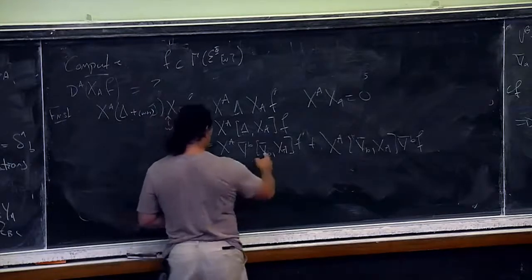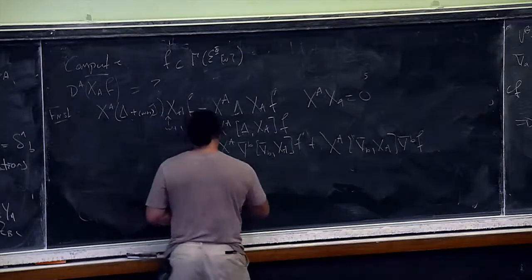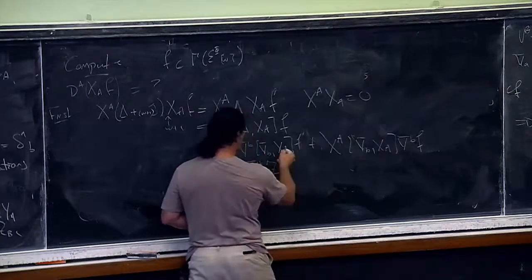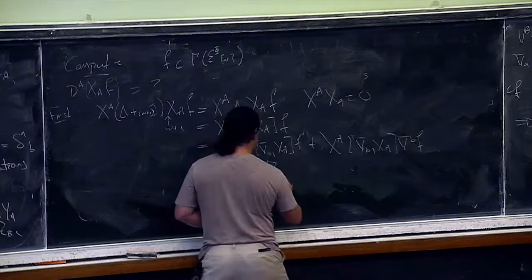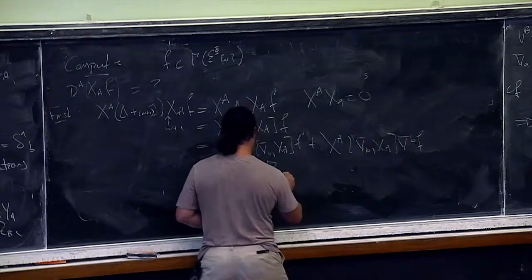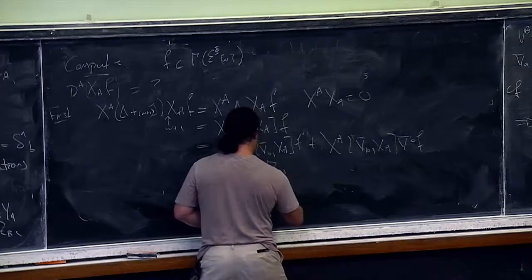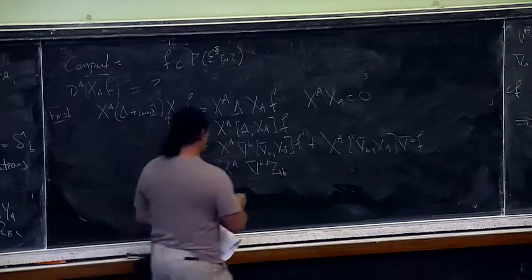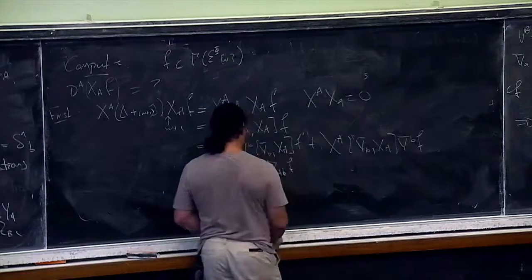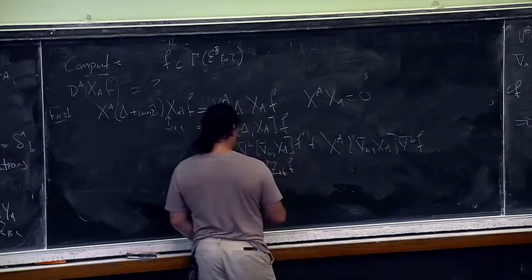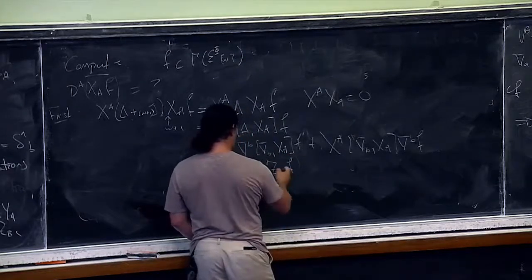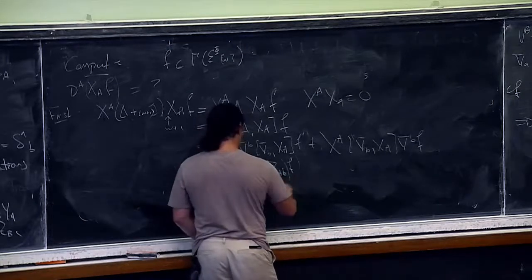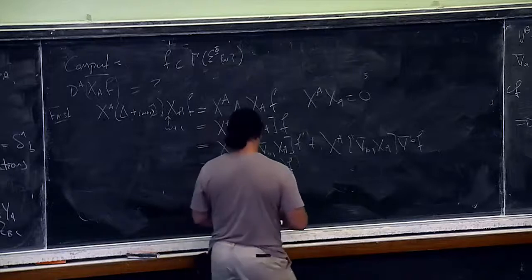Now, when this hits that, I get a Z. This is first order, so this is just like that acting on that. So I get a Z, in whatever order, it doesn't matter, times F. It's acting on all of that, but when the derivative hits the F, the Z will hit the X, and that gives 0, remember? So in fact, the only term that's going to survive is that one.